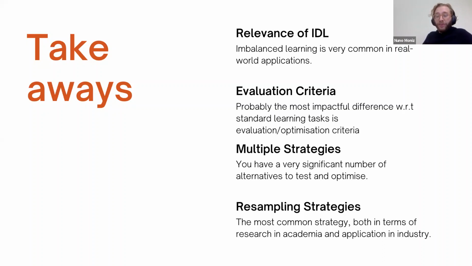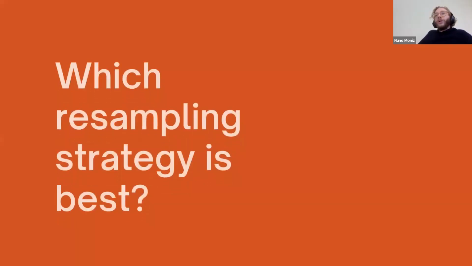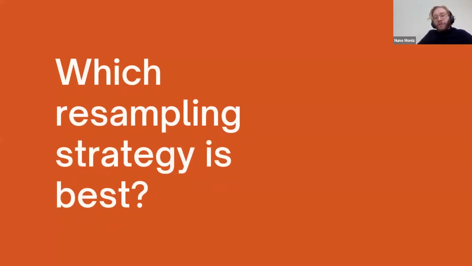Third, you have multiple strategies at your disposal to test and optimize, and resampling strategies, which are the data pre-processing strategies, are the most common by far. This is true both in research and academia and in application in industry. This is the backdrop to what followed in our recent research.